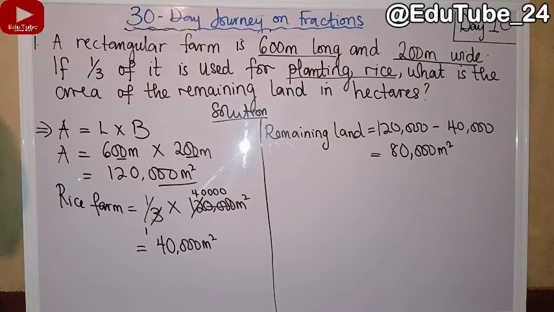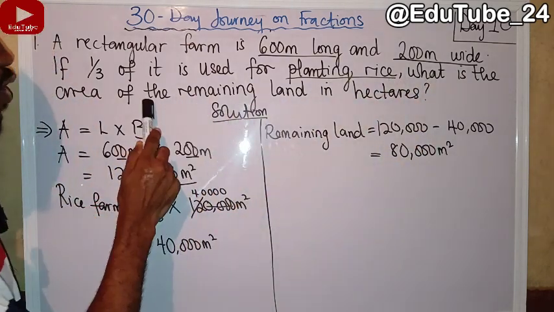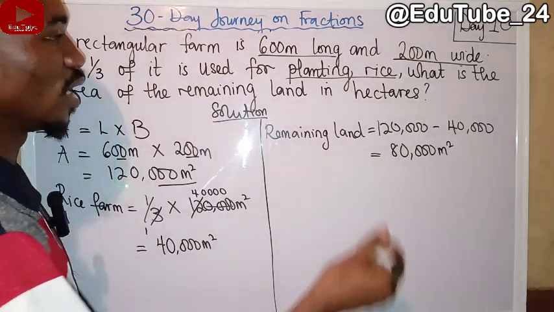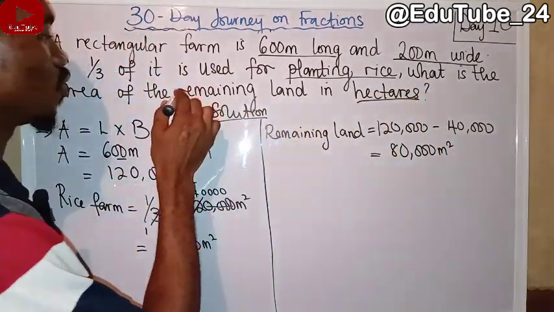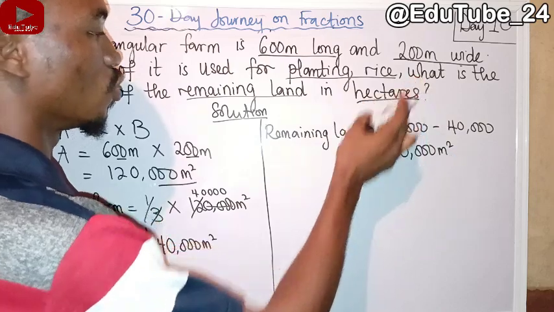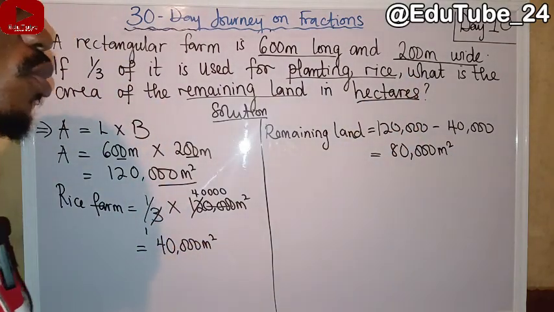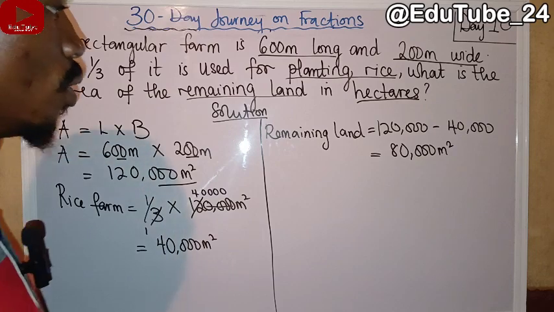But this is not over, because the question categorically says, what is the area of the remaining land in hectares? In hectares. So that means we have to convert the square meters of the remaining land into hectares. Hectare is a unit of measurement for measuring land.